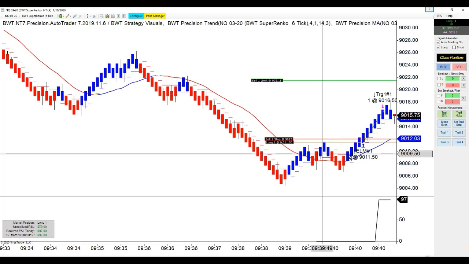So looking at the oil chart, the 59 level is interesting.